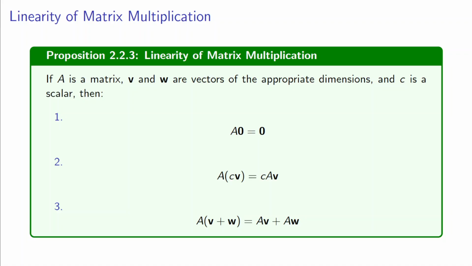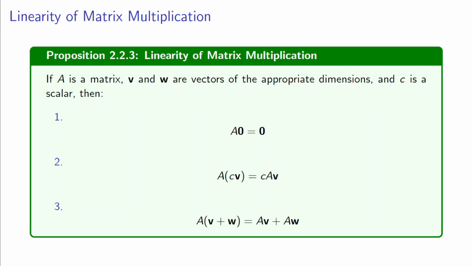So we can distribute matrix multiplication over these sums of vectors. One of the things we're trying to do here is demonstrate how matrix vector multiplication works with the other operations we've already defined on vectors, namely scalar multiplication and addition.